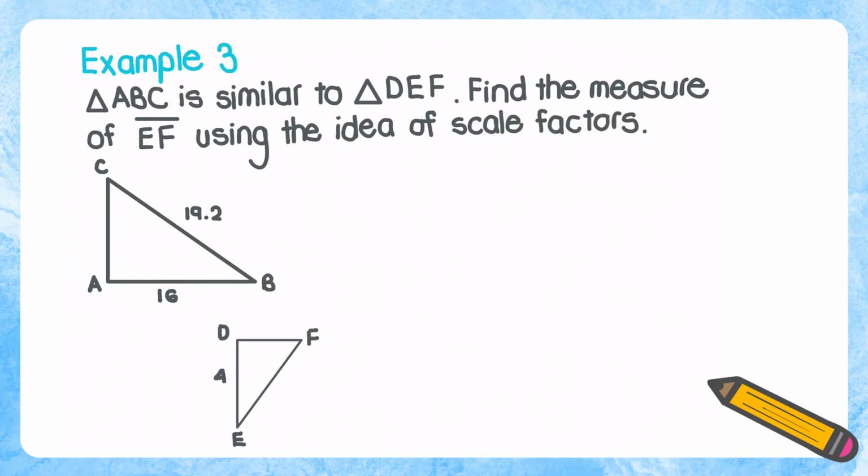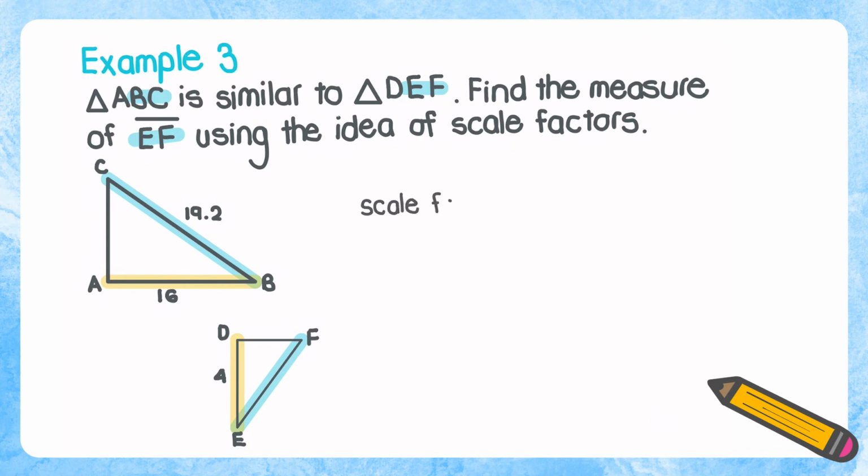When you see triangles like this, be especially careful on matching corresponding sides to each other. We're going to find the measure of side EF, this side right here, and notice how EF corresponds to BC. So its corresponding side is side BC. We also have another set of corresponding sides, sides DE and AB.